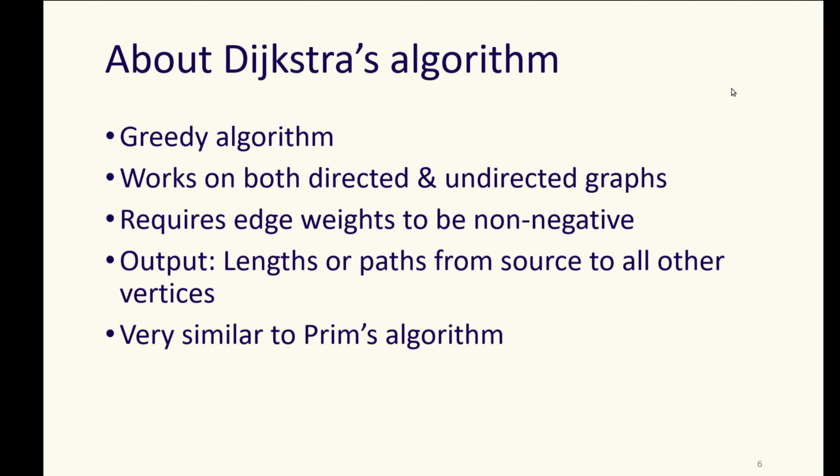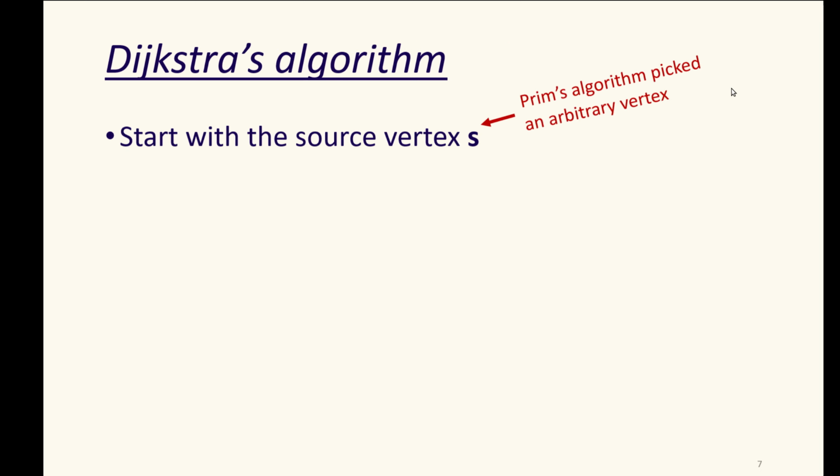It's actually pretty similar to Prim's algorithm in its style, and we'll see how in a moment. We start with the source vertex, where Prim just picked an arbitrary vertex, because there we were looking for a spanning tree. We only needed everybody to be connected to the structure. Here, we need everybody to be connected to our source, our starting location.